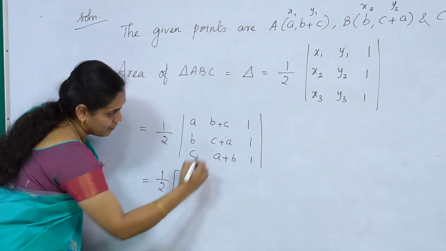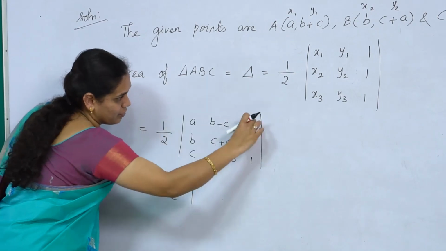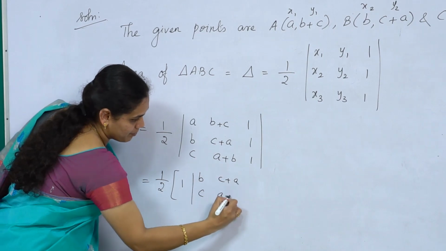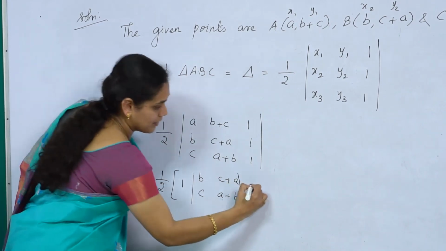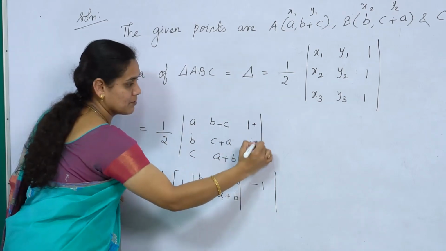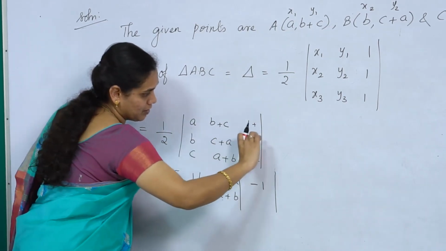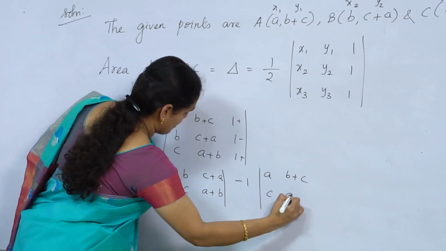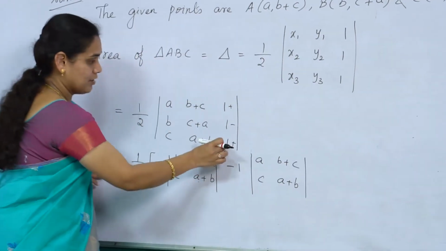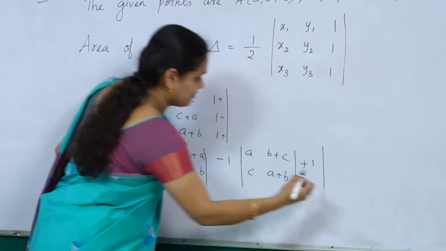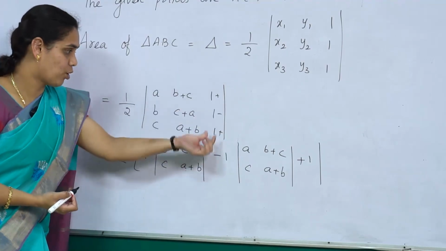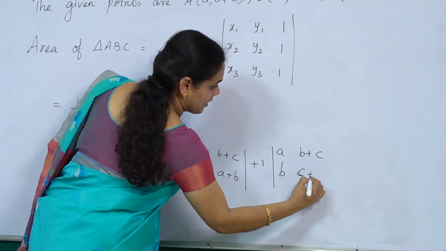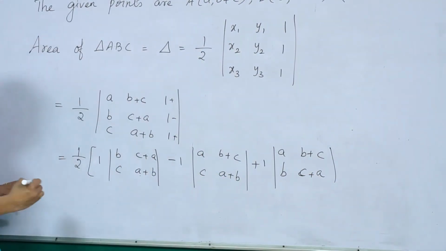So if we expand it, 1 into, if you delete this row and column, we get B, C plus A, C, A plus B. Then minus 1 into, here plus, minus, plus, then if we delete this row and column, we get A, B plus C, C, A plus B. Then plus 1, deleting this row and column, we get A, B plus C, B, C plus A. All right.